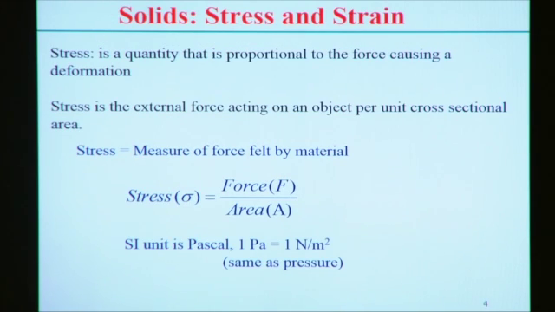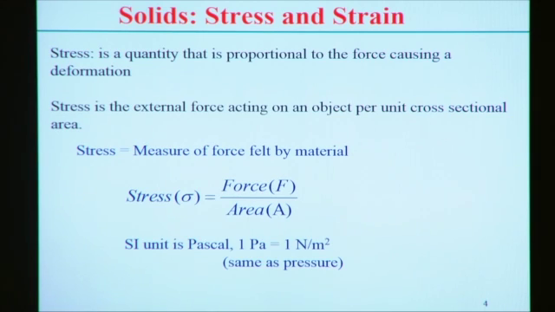First we define the stress and strain over a solid body. Stress quantifies the force causing a deformation to that specific solid. Stress is the external force acting on the object per unit cross-sectional area.